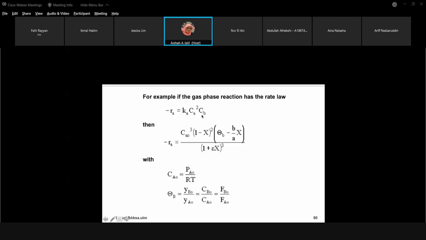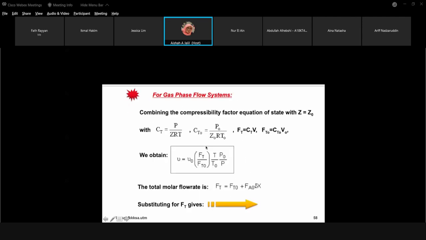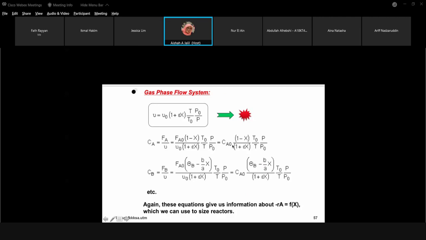This is an example: if the gas phase reaction has the rate law negative rA equals kA CA squared CB. You just replace the CA and CB. Regarding the temperature and pressure, I believe there is just one value of T and P, so you can ignore them. You just put CA equals CA naught (1 minus X) over (1 plus epsilon X).